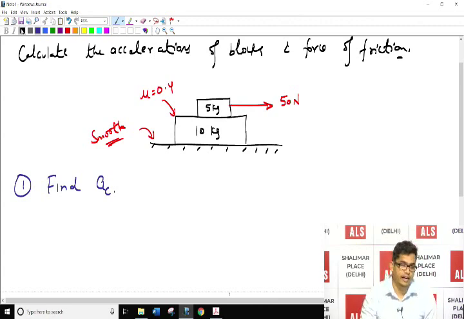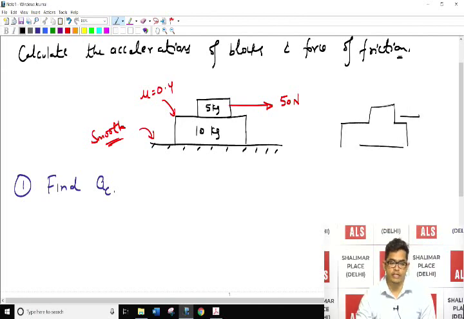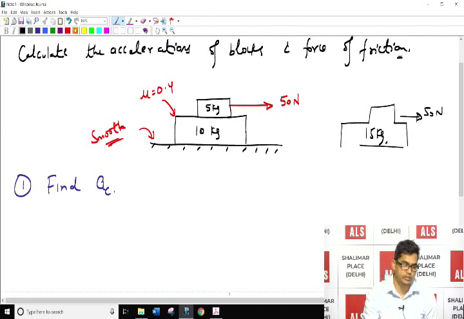Assume that they are a single block, and the force acting on it is 50 Newton. The combined mass is 5 plus 10, 15 kilogram. So find the common acceleration. What is the common acceleration?